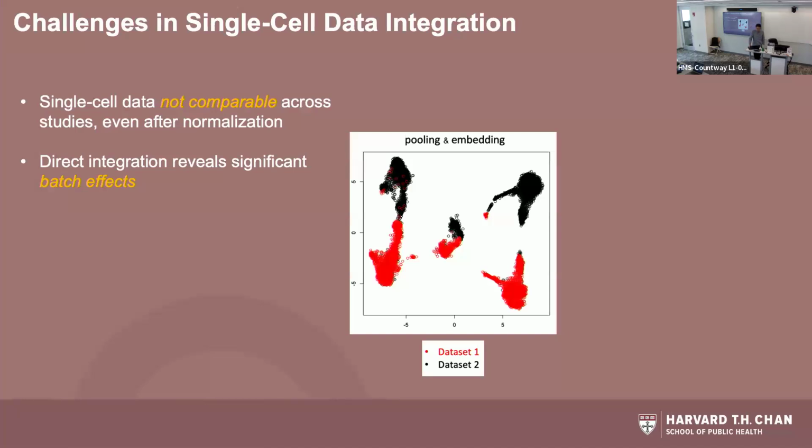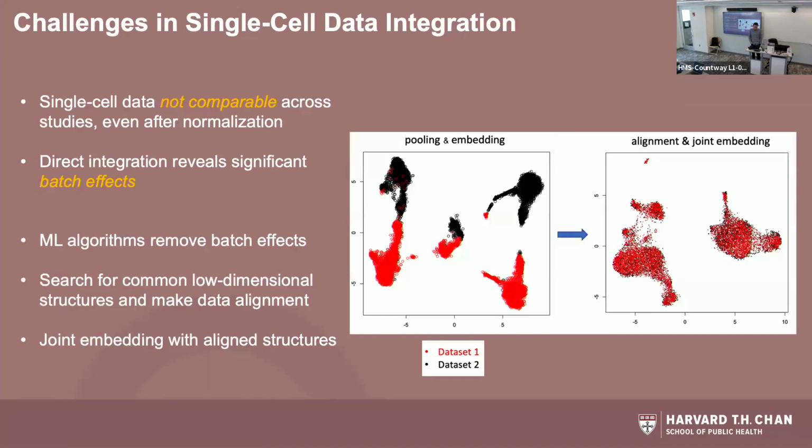It turns out to be a not very difficult machine learning task. Many algorithms have been developed to remove the so-called batch effect so that you have perfect alignment of the two data sets. Here we apply one of the popular machine learning algorithms.